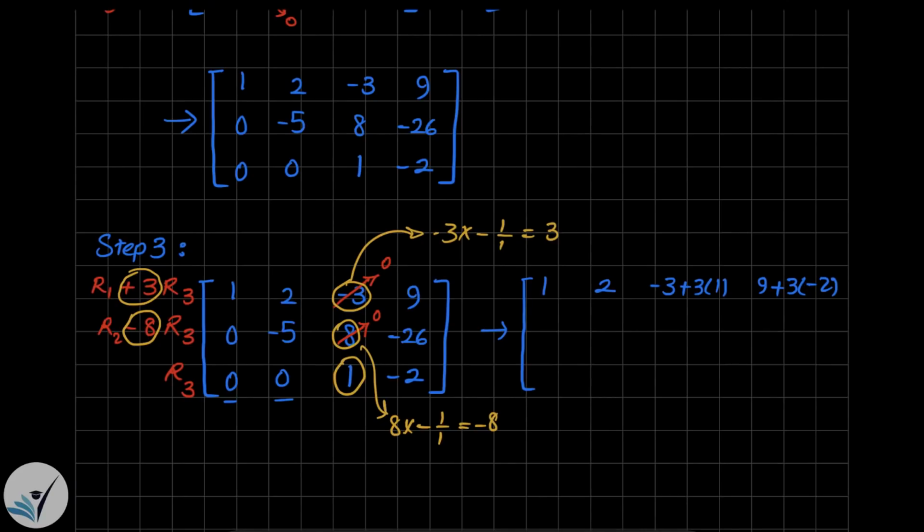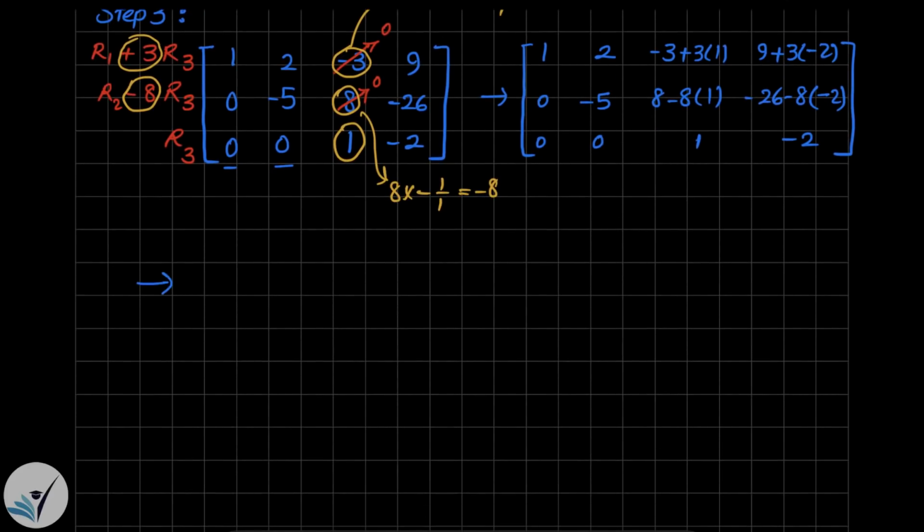Moving to the second row, the first entry is 0. The next entry is negative 5. And then the third entry would be 8 minus 8 times 1. The last entry would be negative 26 minus 8 times negative 2. The third row remains unchanged. We have 0, 0, 1, and negative 2.